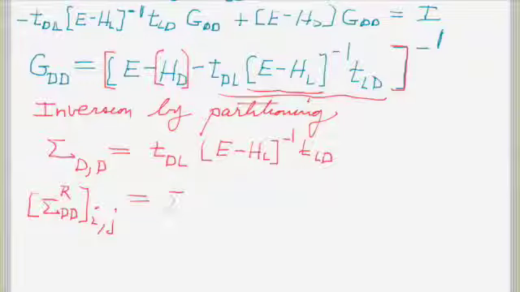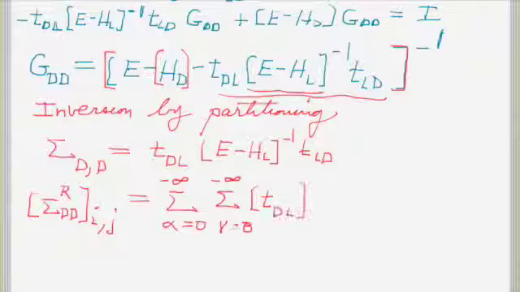So sum alpha equals 0 to minus infinity, sum beta or gamma 0 to minus infinity of T_DL, i alpha. So the Roman indices are in the device, Greek indices are in the left lead. Okay.